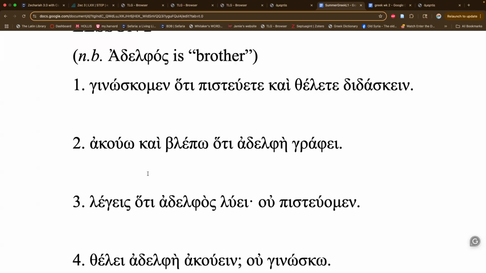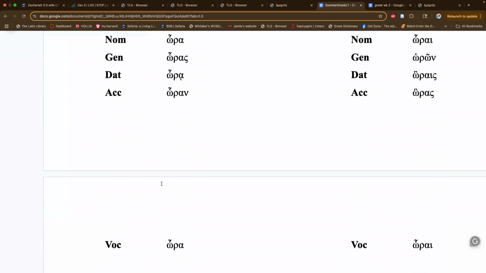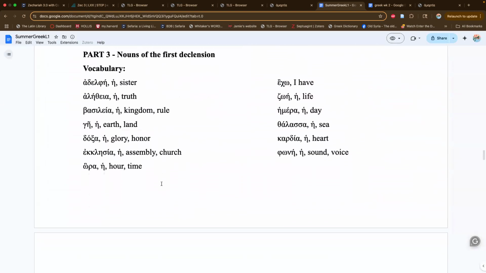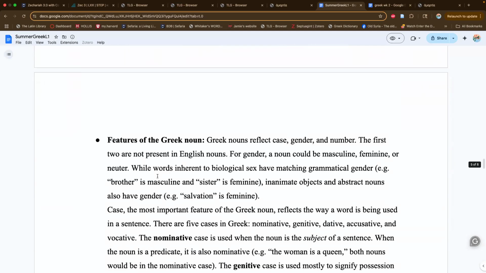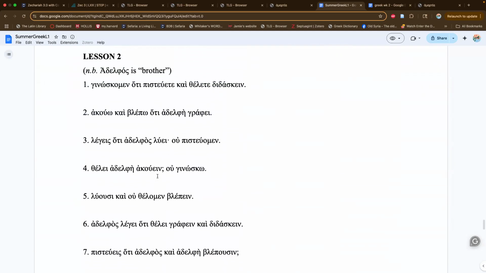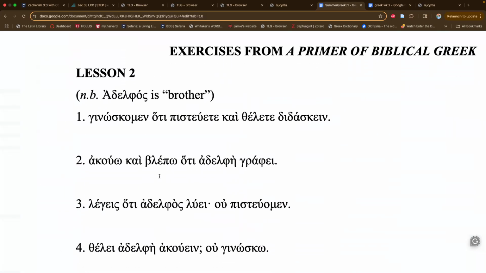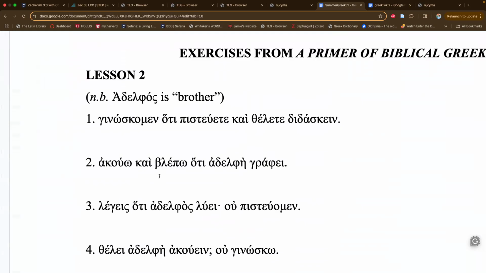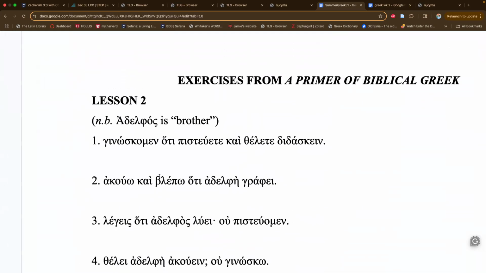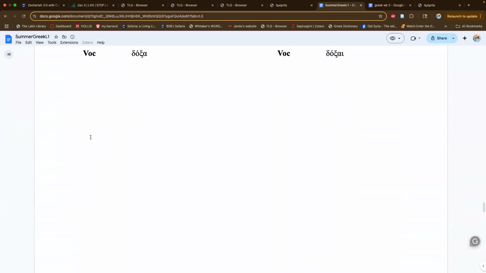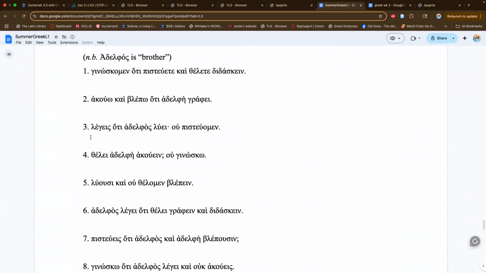Because I see brother up there. Okay. So, sorry, to explain myself, the reason why Adelphos is given and Adelphe isn't, the reason why I have that listed at lesson two, is just because Adelphos isn't a vocab word, but they're included in some of the sentences, so I just supplied that.